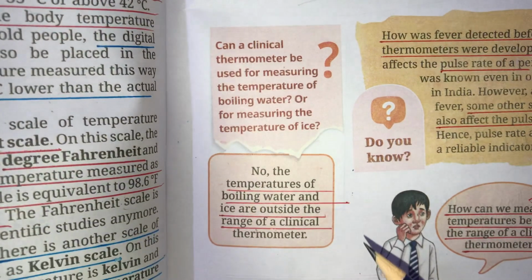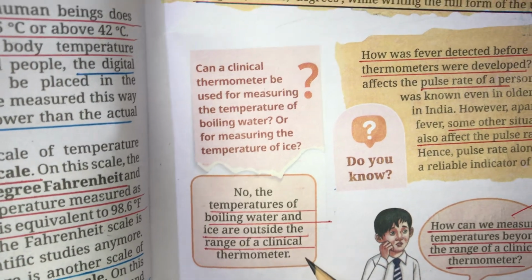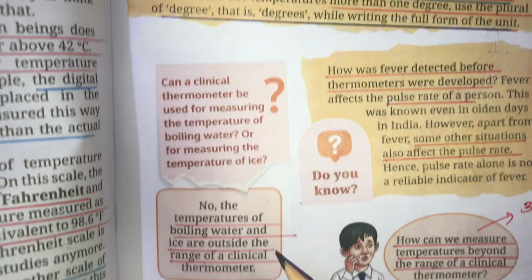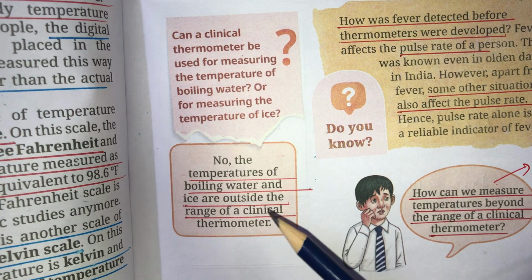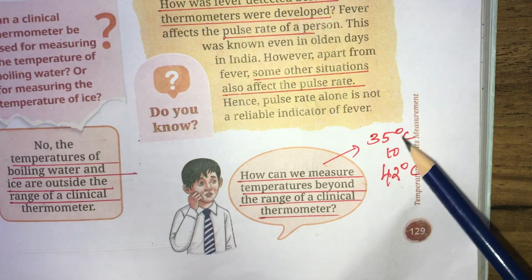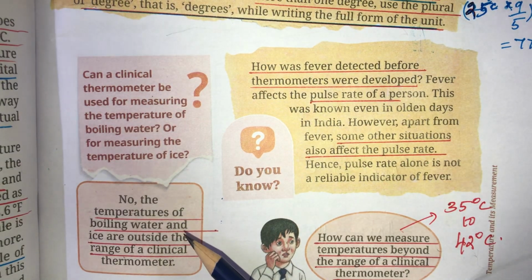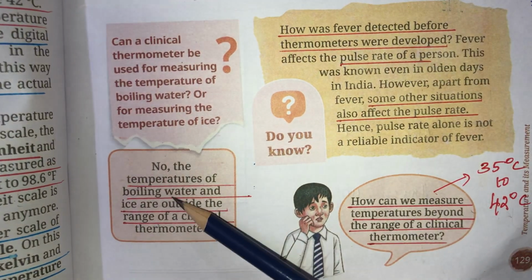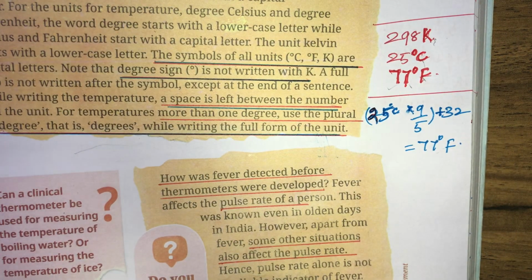Boiling water has a temperature around 100 degrees Celsius. So a laboratory thermometer should be used to measure the boiling point of water.